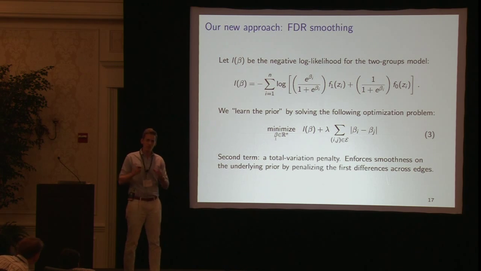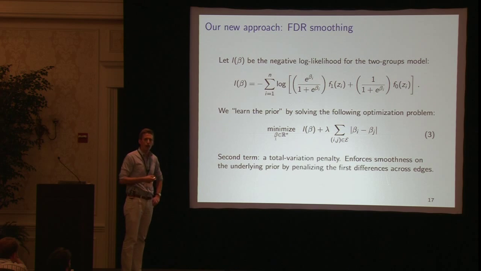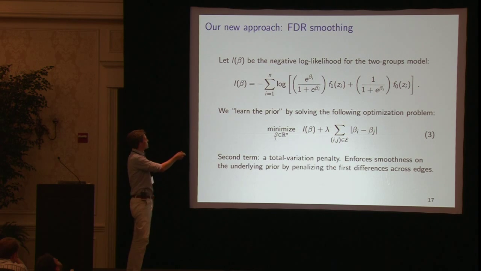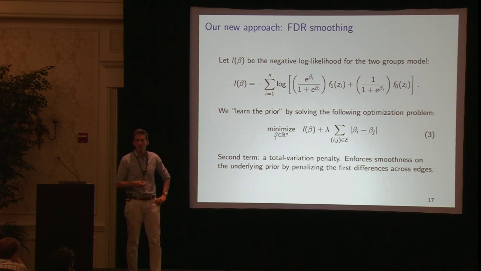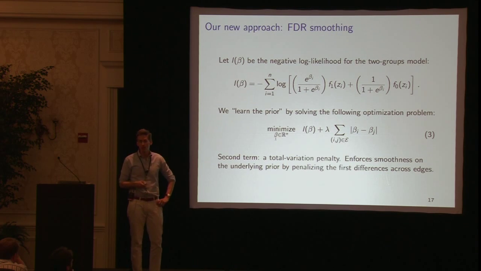You can maybe see what's coming, for those of you that know a lot about image processing, which you tend to know a lot more about than me. If you just think about the negative log likelihood implied by our two groups model, here's F1, here's F0. And here, expressed in terms of the log odds, is the prior probability of being from this component versus this component. This is just the negative log likelihood of that two-component mixture model.